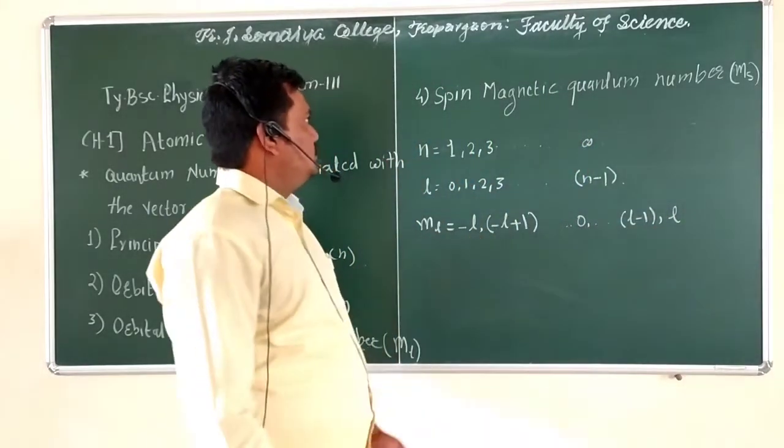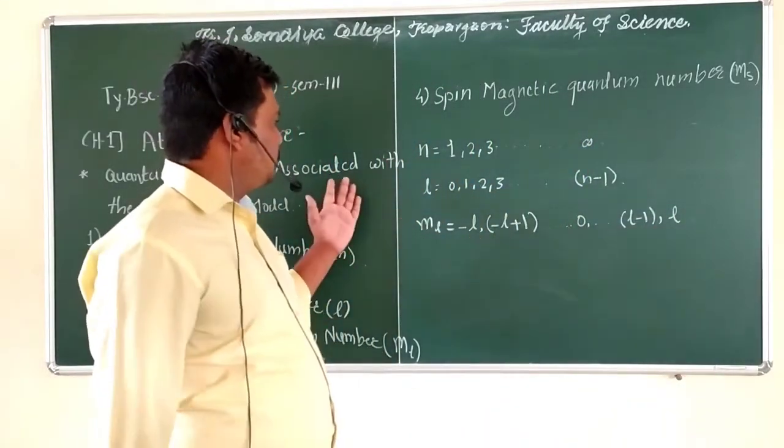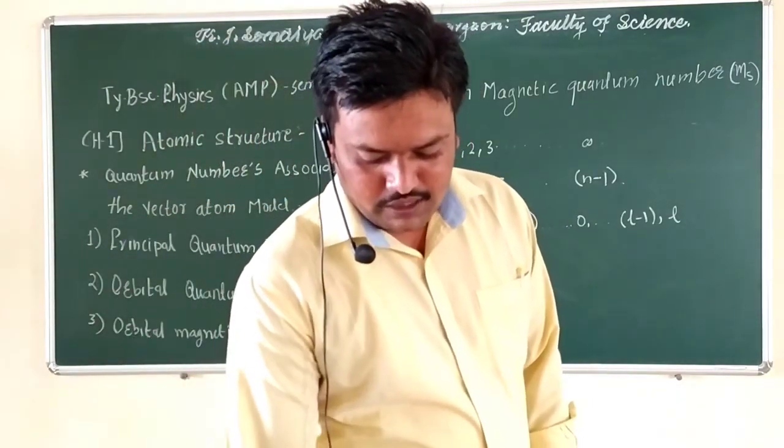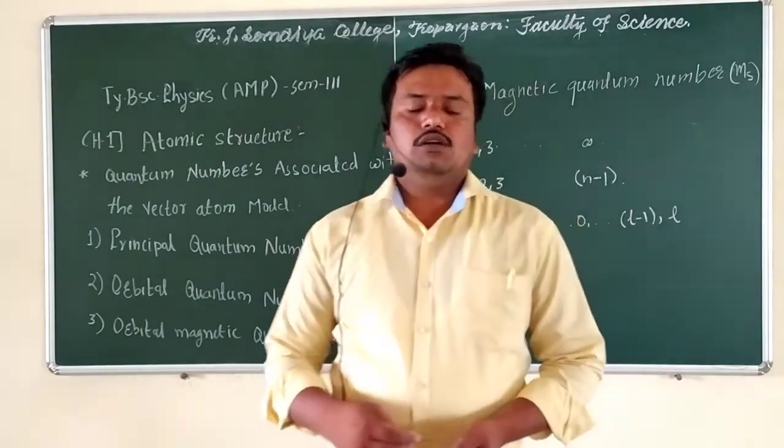So these are the values of the principal quantum number, orbital quantum number and orbital magnetic quantum number.